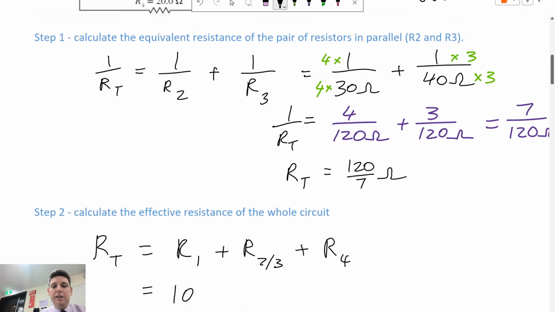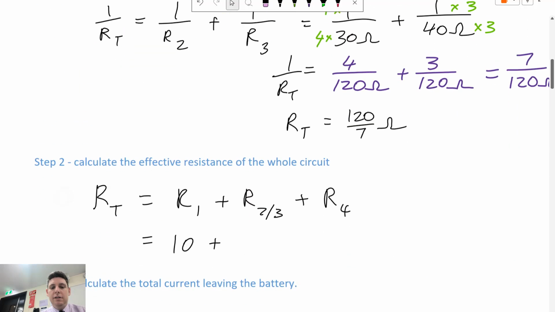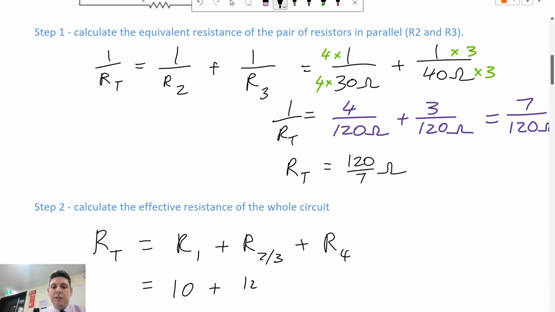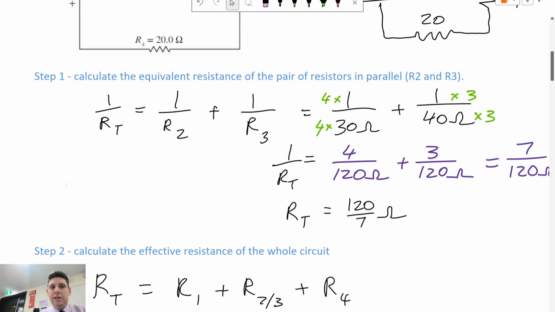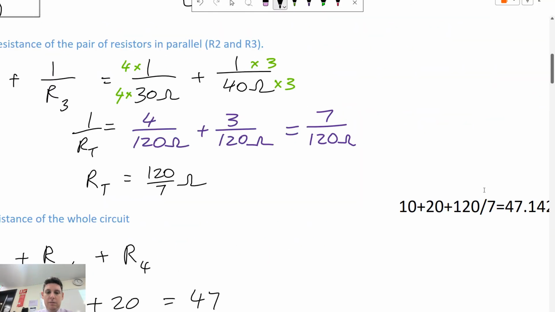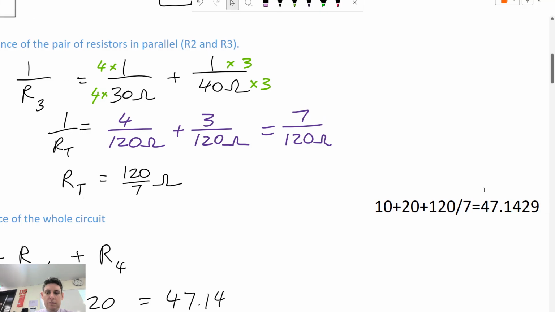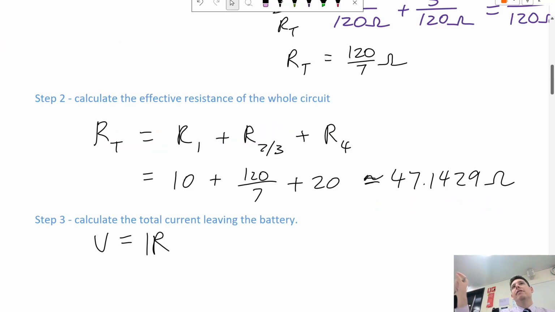So it's 10, plus the one we just found, plus 20. So we're pretending there's 3 resistors in series right now. Does that make sense? Even though there isn't.